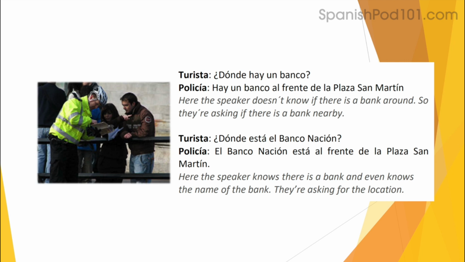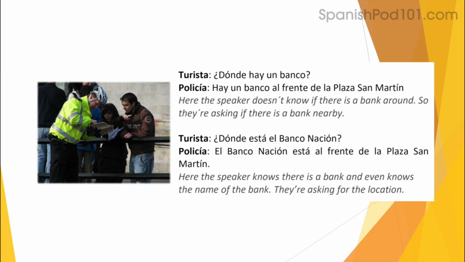And again, you can see here that the police officer will probably be using the exact same verb, está, to reply to this question. So he, in this example, is going to say, El Banco Nación está al frente de la Plaza San Martín. So the Nación Bank is across the San Martín Square.